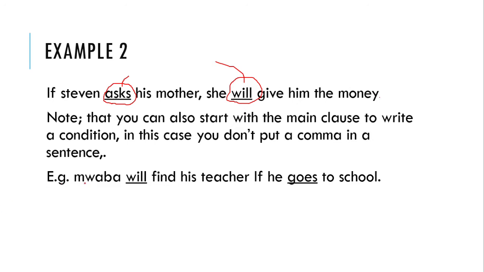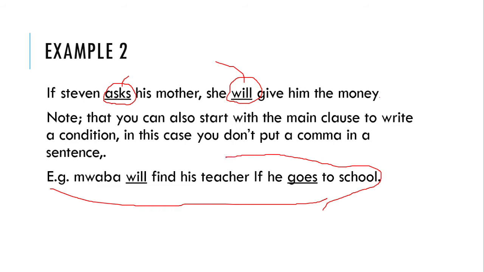For example, for the first example that we did, we can say Mwaba will find his teacher if he goes to church. So in this one, you are not required to put a comma. Do not put a comma when you start with the main clause.